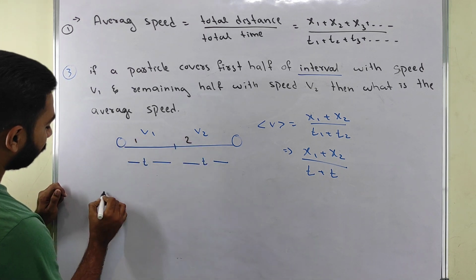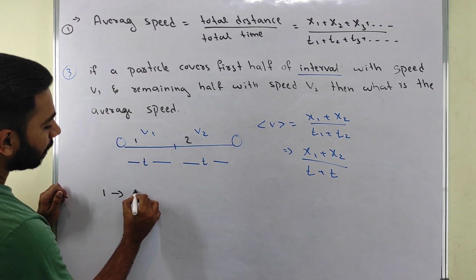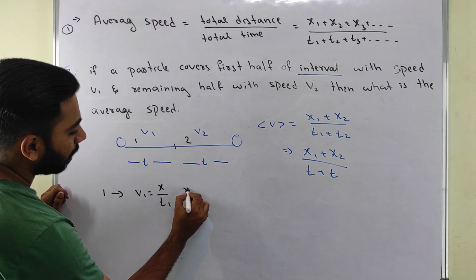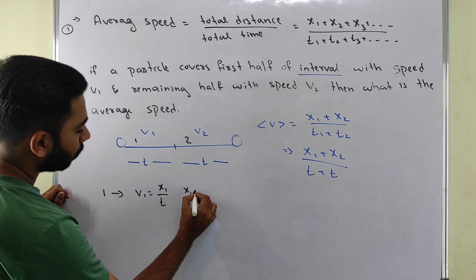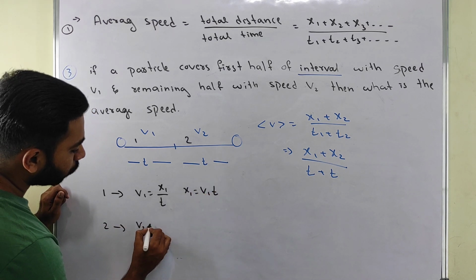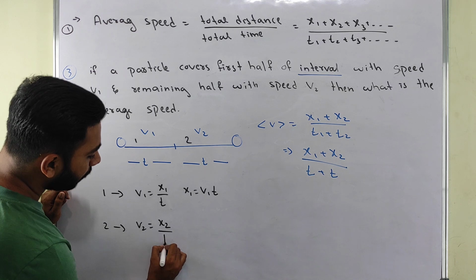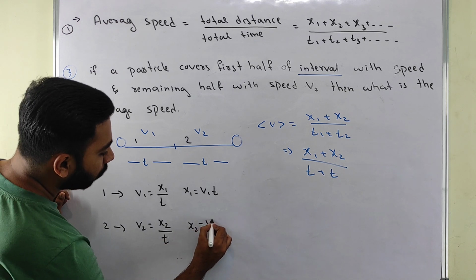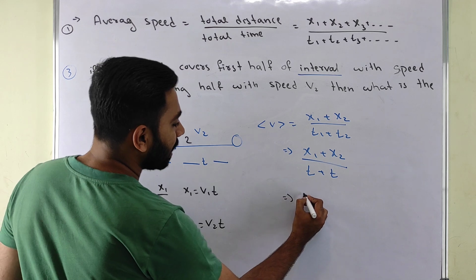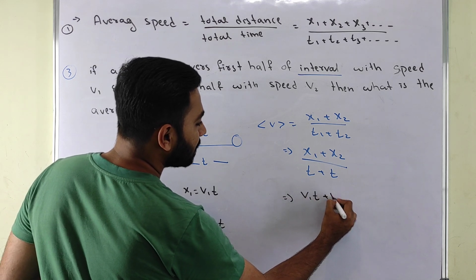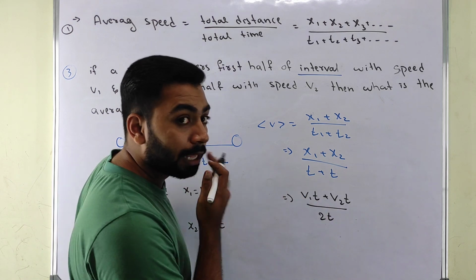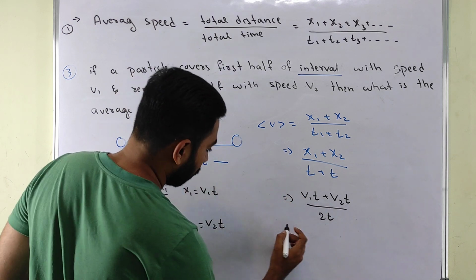If I take for the first one, I can say velocity 1 is equal to x by t1, which gives x1 is equal to v1 into t. For the second one, v2 is equal to x2 by t, which gives x2 is equal to v2 into t. If I substitute here, I get v1t plus v2t over total time 2t.